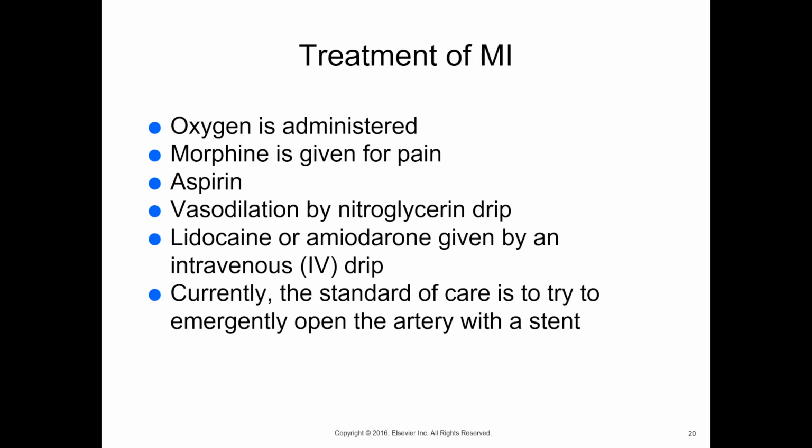Treatment: oxygen, morphine for pain, aspirin to help thin the blood. As we've talked about before, aspirin as an NSAID is a blood thinner. And then vasodilation via nitroglycerin intravenously. And then you might give some other drugs like amiodarone to help improve blood flow.